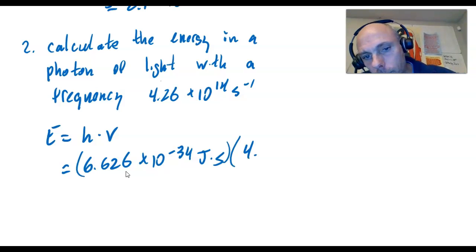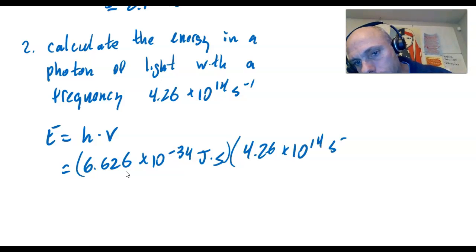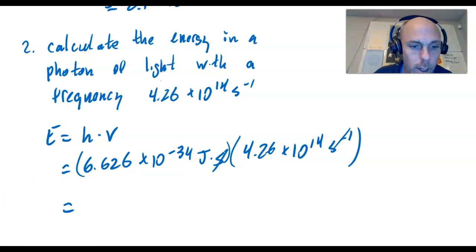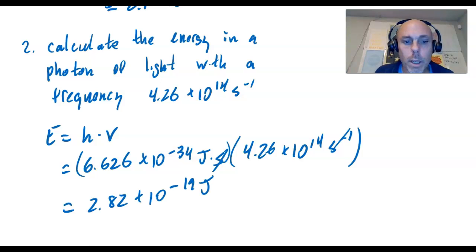Times 4.26 times 10 to the 14 hertz, or seconds to the minus 1. Of course, seconds will cancel. We should get joules out of this, and when we go to our calculator, we get 2.82 times 10 to the minus 19 joules, with 3 significant figures due to the frequency having had only 3.